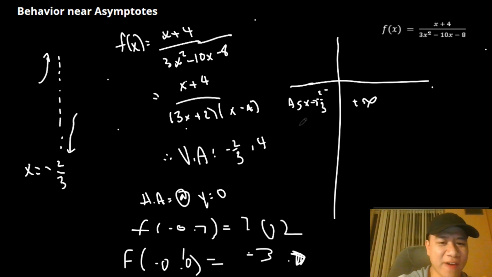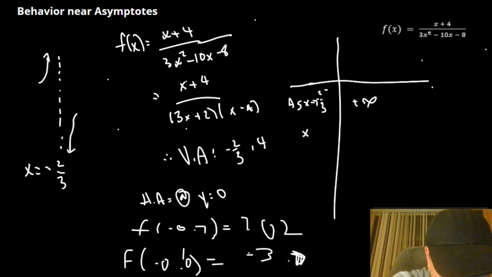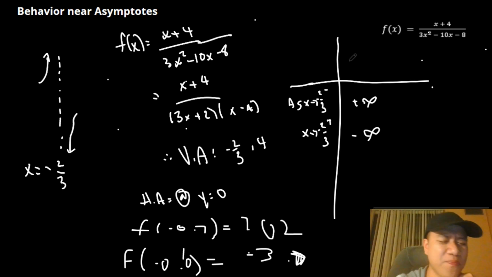And from the right side of it, instead of using a negative sign, we use a plus sign. We say it goes to negative infinity. Okay. So yeah, there we have it. That's for our first one.